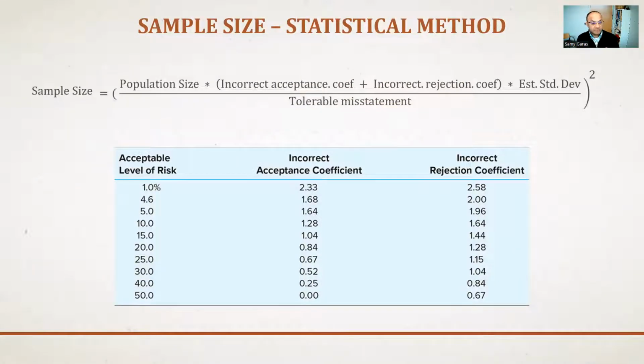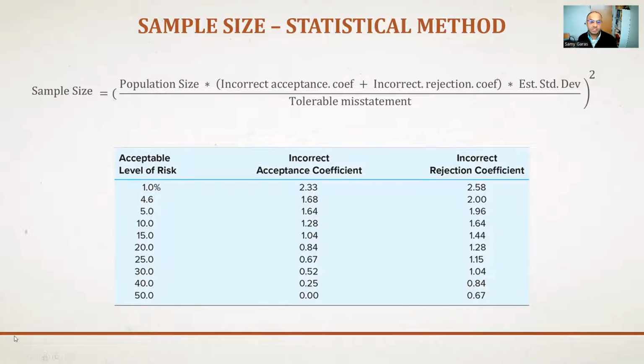In the previous video and so far, I was trying to show you how to use different methods to select the items in each sample, whether you use a random sample or a statistical sample. Now, the next point is the size of the sample. We select the sample size, under either the statistical or non-statistical method, by using an equation.